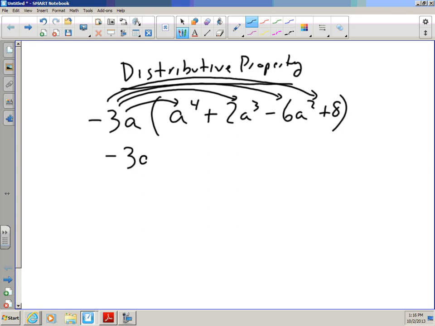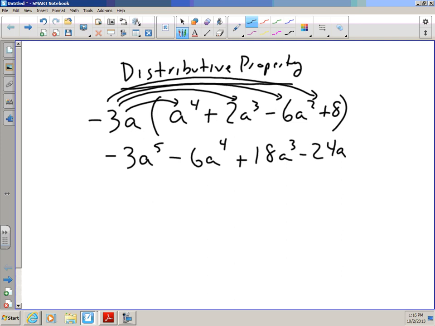And so what do we get? Well, recall under your laws of exponents, when you multiply and you have the same base, you add the exponents. So you get negative 3a to the fifth, negative 6a to the fourth, plus 18a cubed minus 24a.